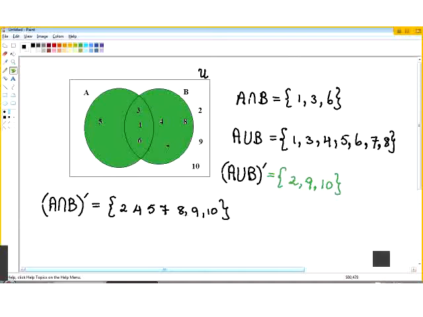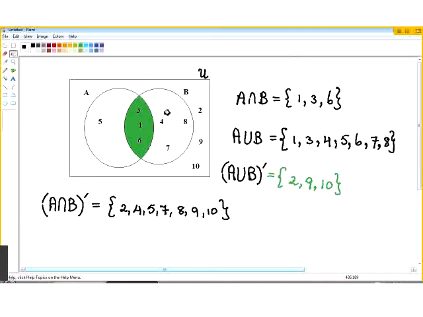So the first thing we need to do again is identify A intersect B. A intersect B would be that region in green.